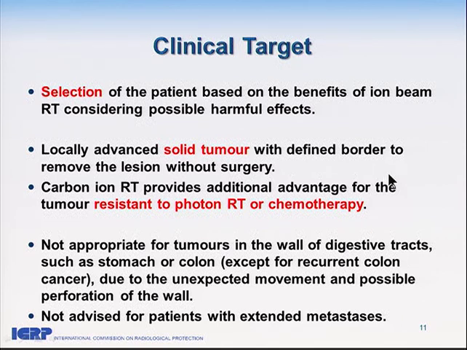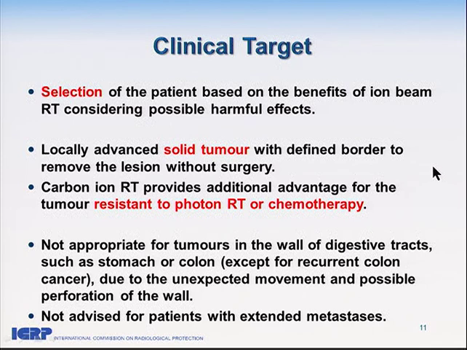This is the advantage. We don't need any surgery, but the tumor should be well demarcated. And we cannot use this technique for a tumor which easily disseminates in the tissue, like glioblastoma. This is not a good candidate. But a solid tumor is a good target of this treatment.